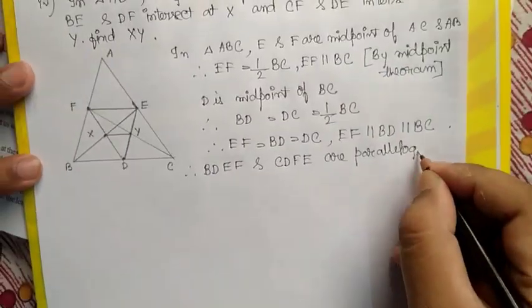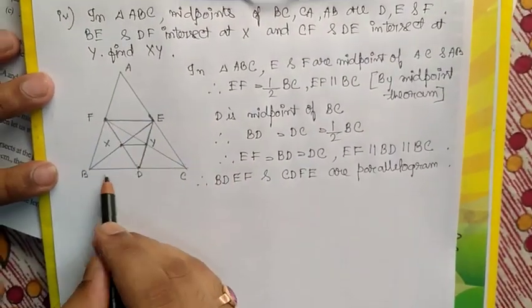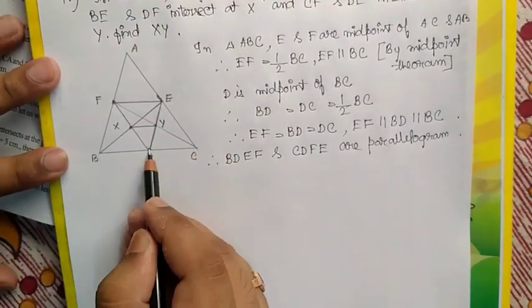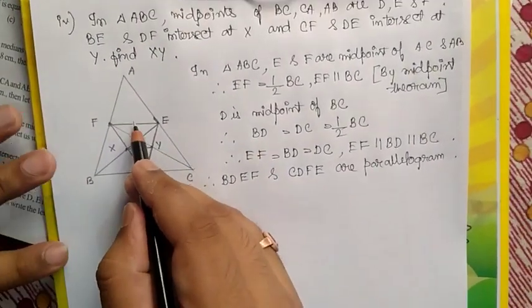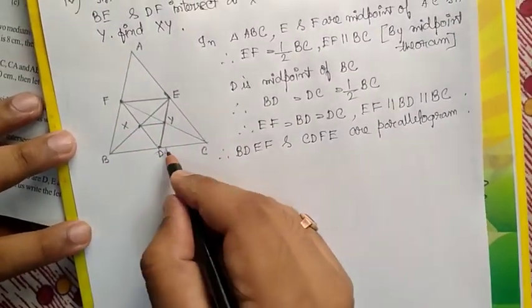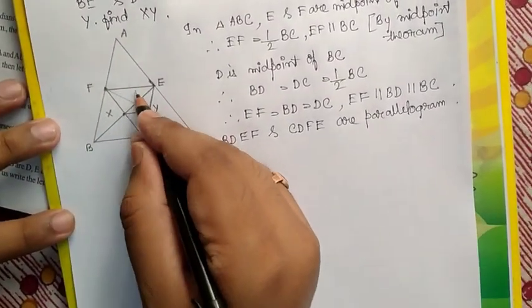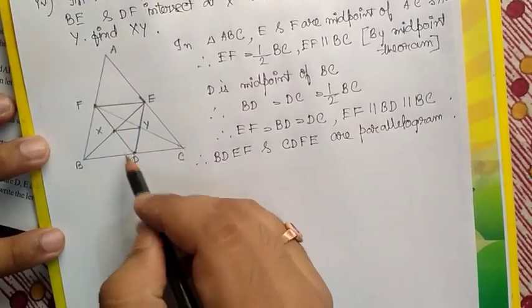Why? Because this is parallel to this and this is equal to this, and opposite sides of a parallelogram are always equal and parallel. Therefore we prove that this is a parallelogram, and also this is equal to this and this is parallel to this, so this is a parallelogram also.